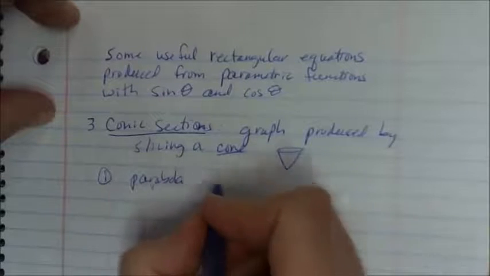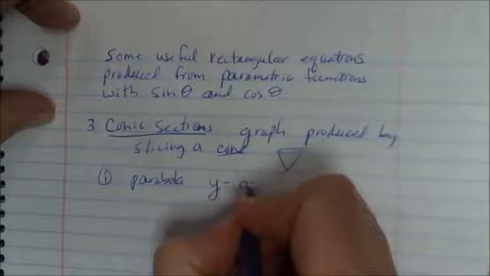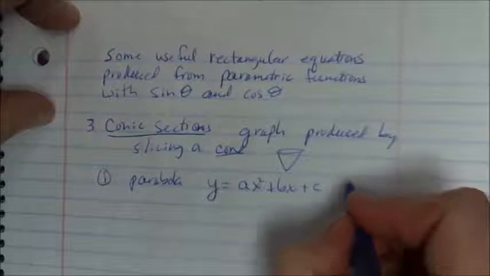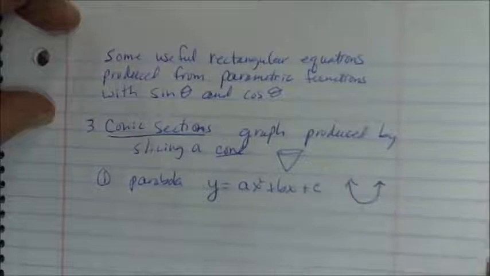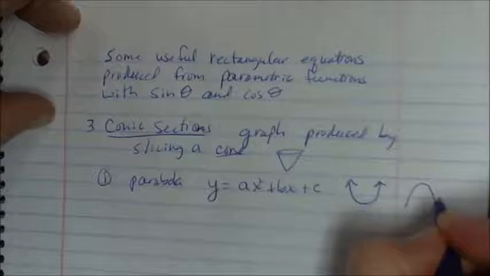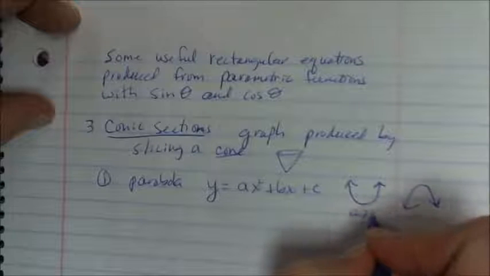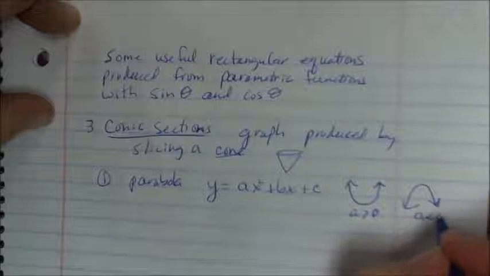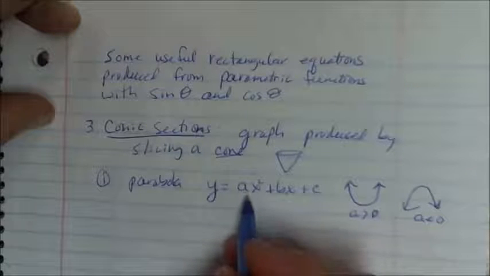And a parabola is a y equals ax squared plus bx plus c equation that would be open up if A is positive, or open down if A is negative. And you've studied those before.